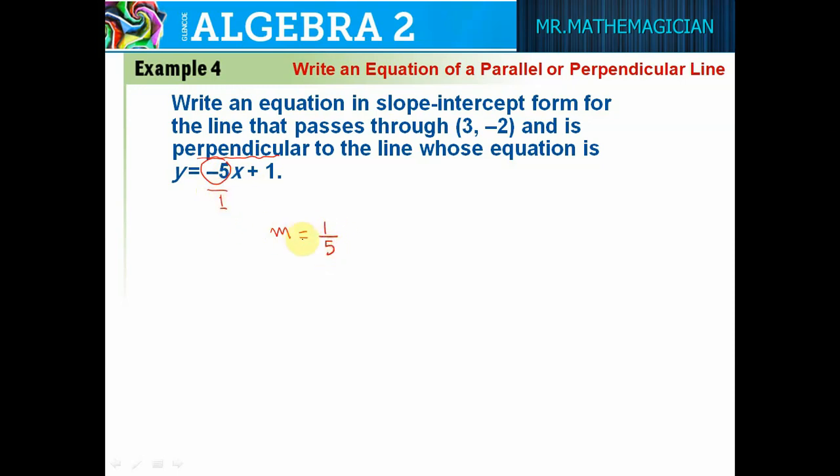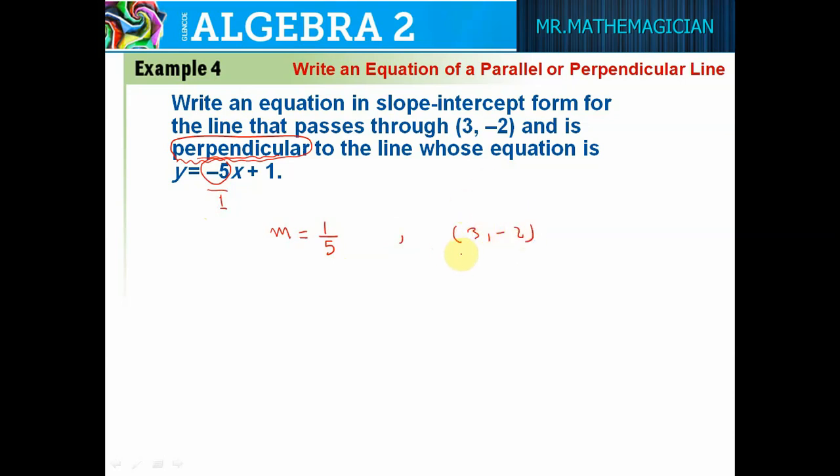Why did I do this? Because the word perpendicular is mentioned. So we don't take the slope as is. Negative 5 will be flipped and change the sign, means 1 over 5. Now you have the point (3, -2).